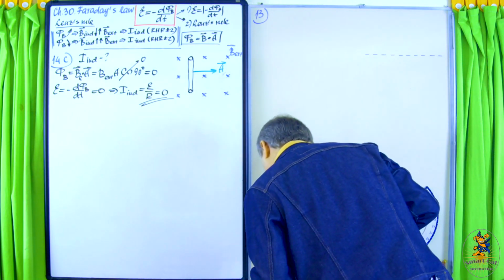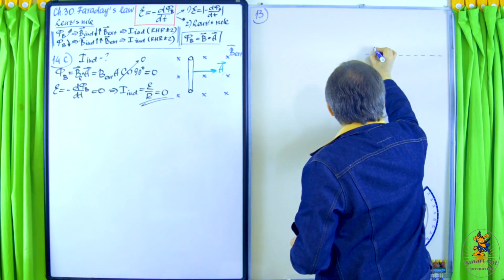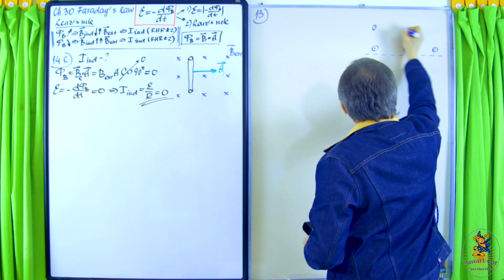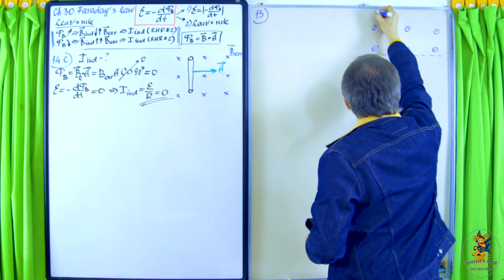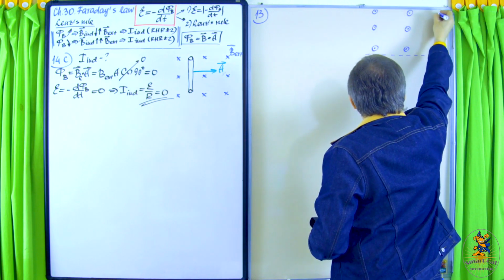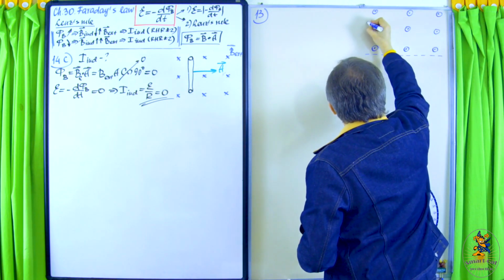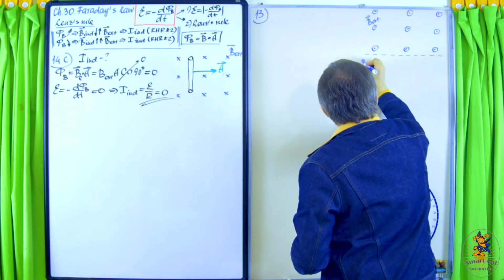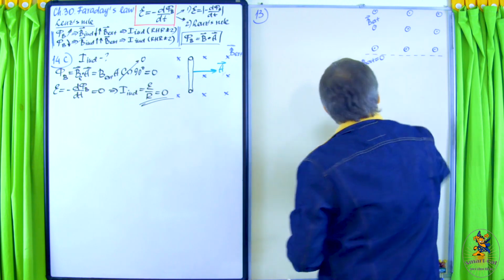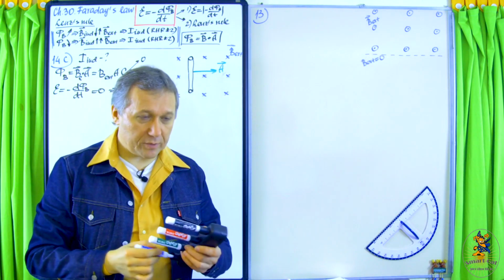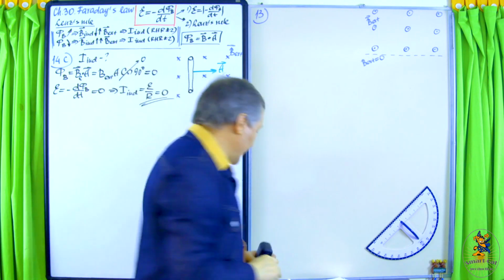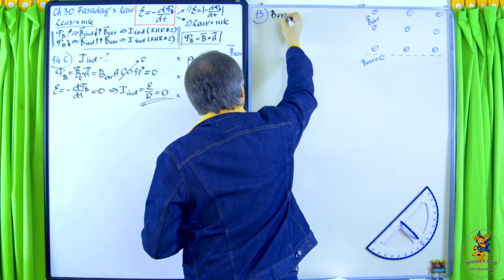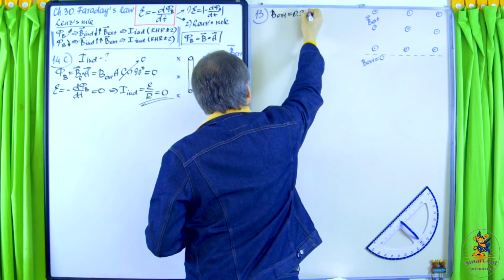Direction, let me check. Dots, a bunch of dots. So that's our B external, and below this line, B external equals 0. The value of the magnetic field is given: 0.2 Tesla. So B external equals 0.2 Tesla.